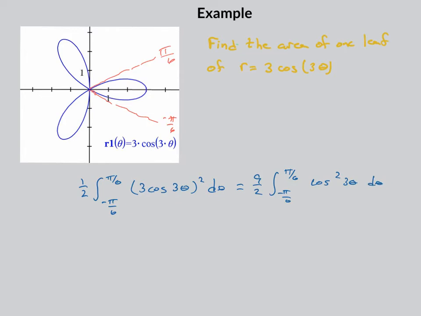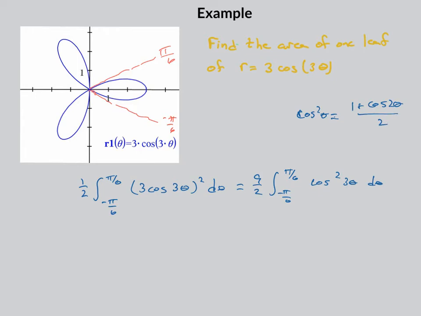Now at this point, we need to remember something because we're now into a trig integral. I need to remember that cosine squared theta is equal to 1 plus the cosine of 2 theta all over 2.